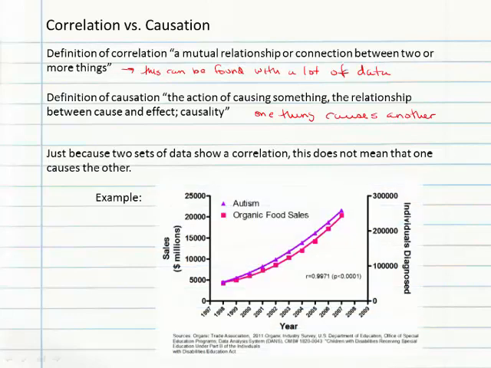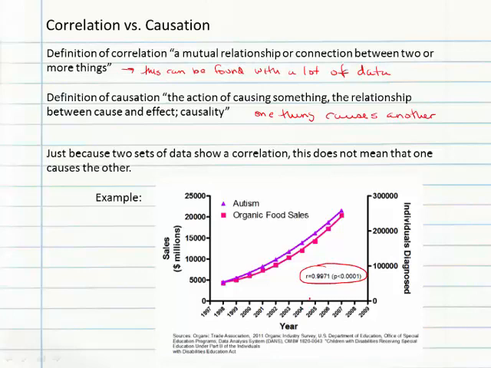So, for example, we have this chart that shows the sales of organic foods and the number of individuals diagnosed with autism. As you can see, they are both rising. The correlation coefficient is 0.9.